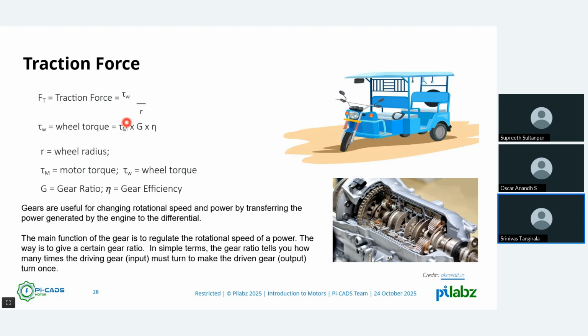And the wheel torque is equal to the motor torque times G, the gear ratio, times the gear efficiency.